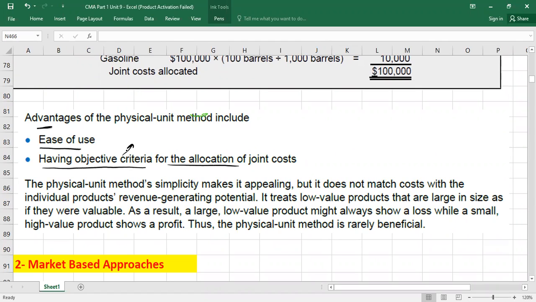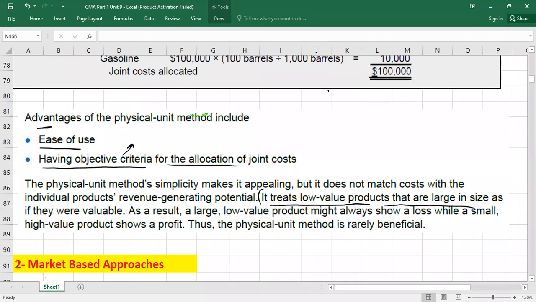Now, what is the problem with this method? The problem starts from here. What's written here, I'll explain. First, let me go through it with you. It's written, this method treats low value products that are large in size. For example, you are making chocolates.